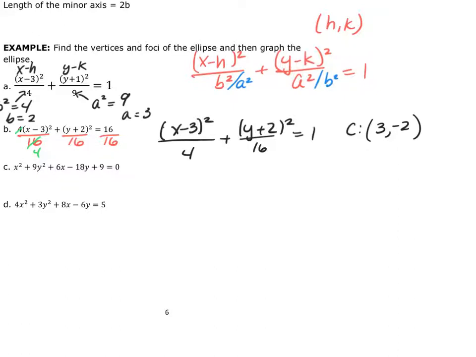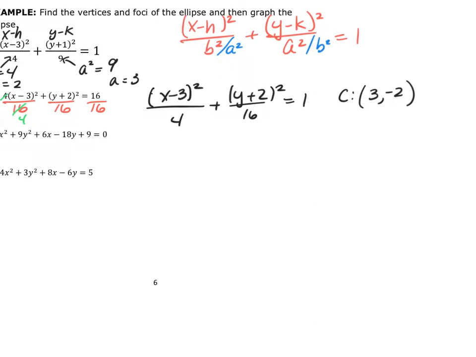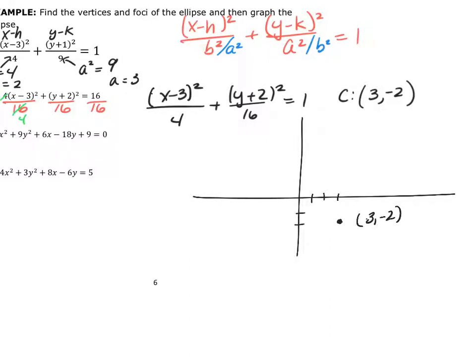Okay, cool. So then what I do is I start the drawing process. Even if I'm not required to draw, I do the drawing process, so I make sure I'm going in the right direction. So I have positive 3 again, and then negative 2. So right here is where my center is. My center is positive 3 and negative 2. My larger number is yet again underneath the y.